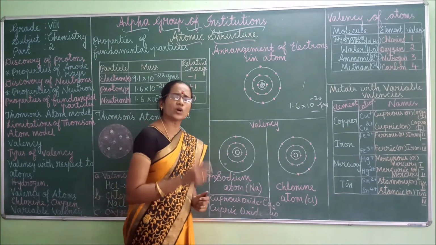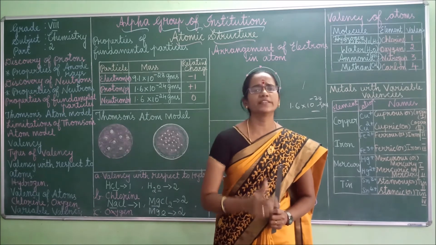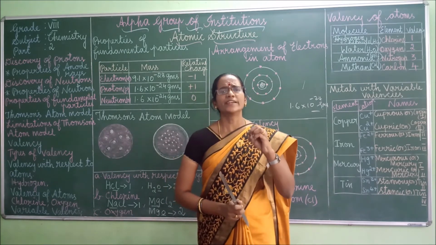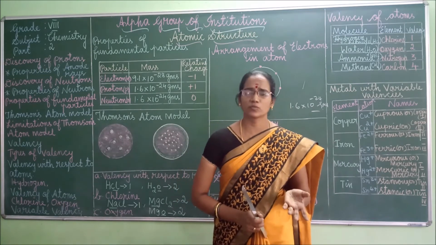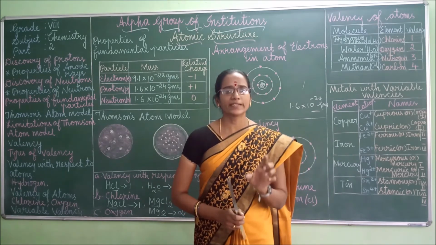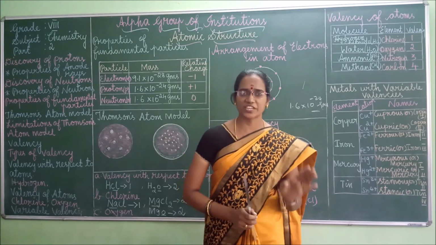So, in order to attain the stable position in the electronic configuration, sodium atom donates one electron, that is, it loses one electron. Then only it attains the stability position in the periodic table.